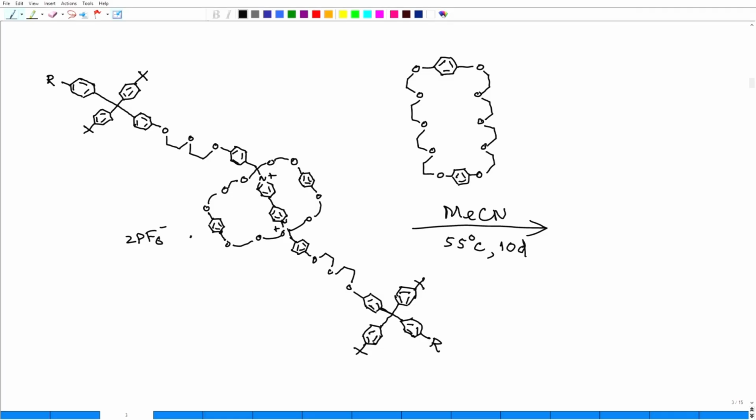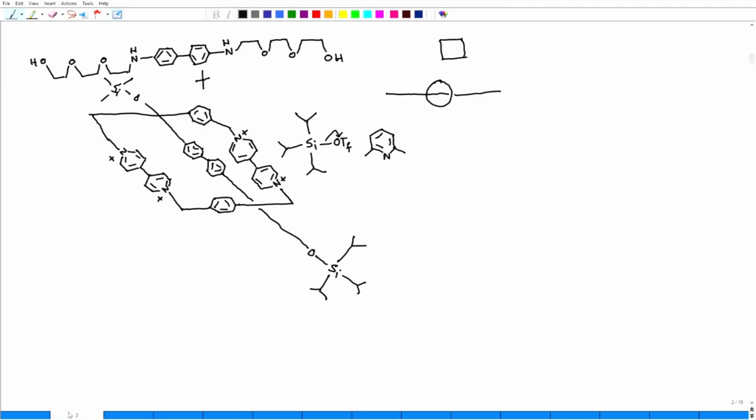In the previous case, I had an electron deficient macrocycle and an electron rich linear. So, it went in and formed this pseudo rotaxane.